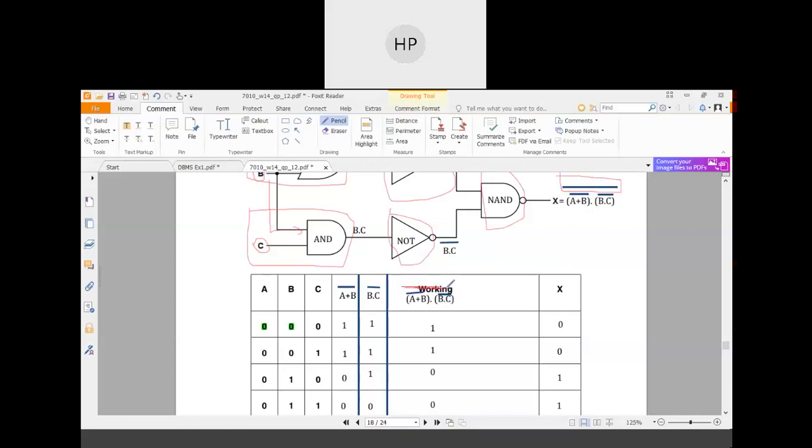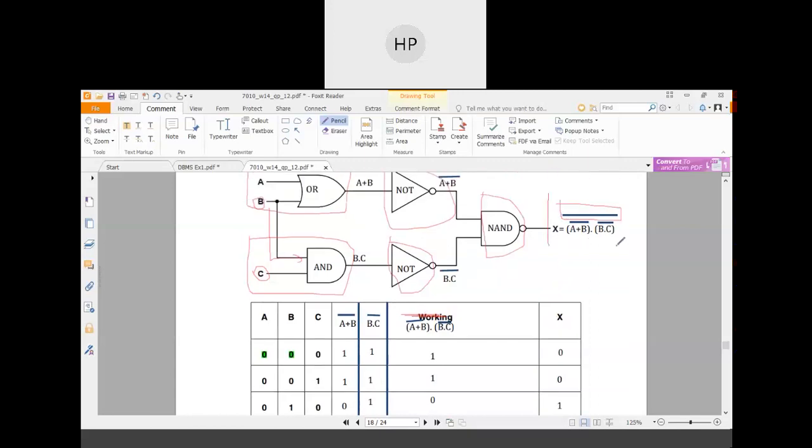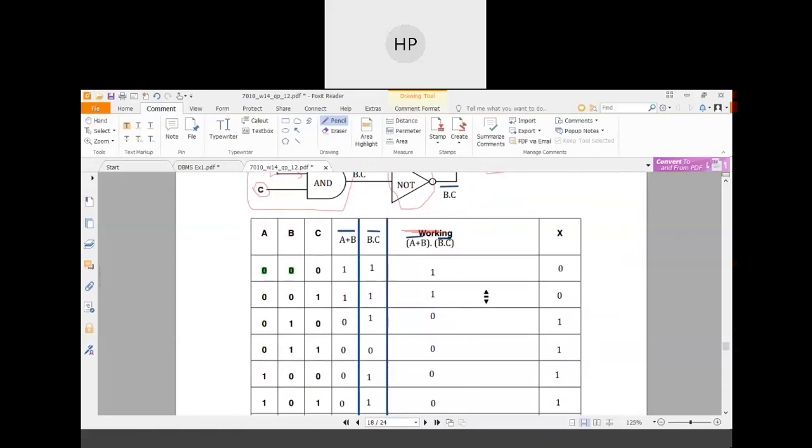There's no top bar over here, I didn't draw that. So that top bar goes for the value of x, right over here. This is where you have the whole thing inverted. For the sake of calculation, we have broken this into 2 steps. That's what we have done here. Okay? Is it clear?